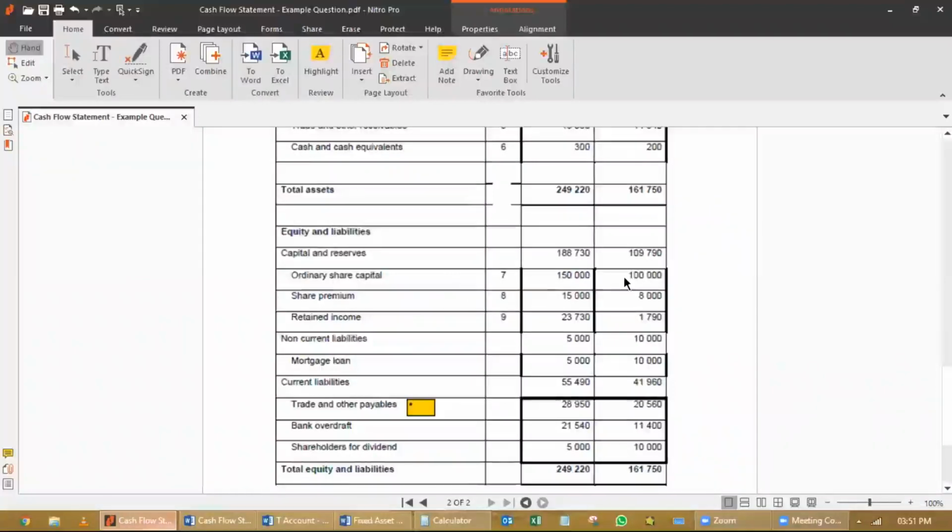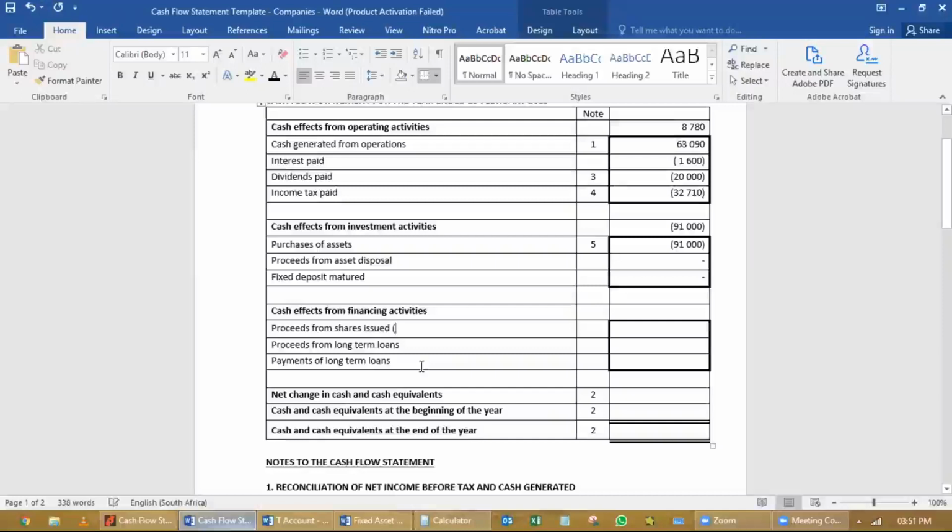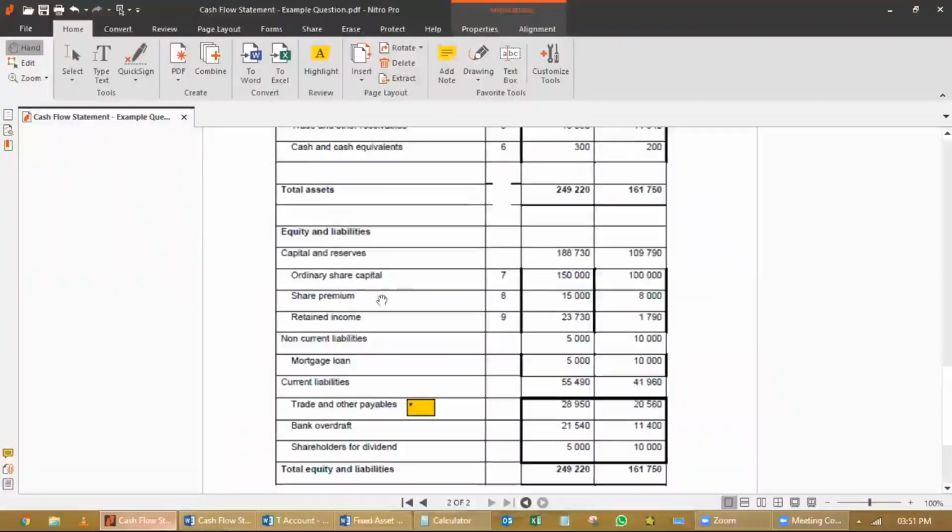I issued more shares. So let's look here. It went from 100 to 150, so that is 50,000, correct? And then my share premium was 8,000. It went to 15,000, so I issued another 7,000 Rand worth of shares.